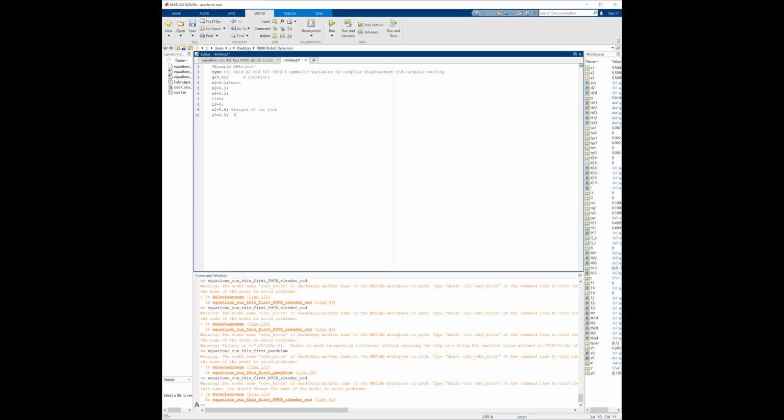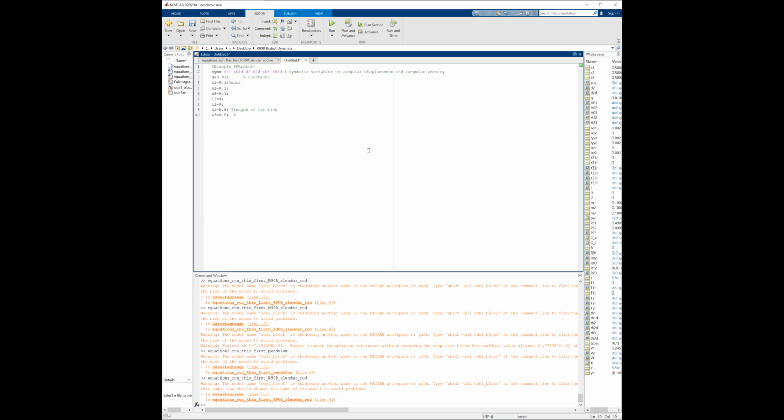L1, L2, they are not needed, but I just kept it. A1 and A3, these are the link lengths. They are 0.5. Now I'm gonna copy the homogeneous transformations that we derived in lecture 6.